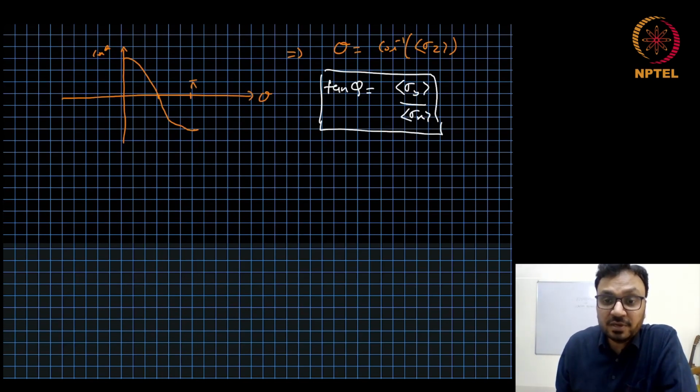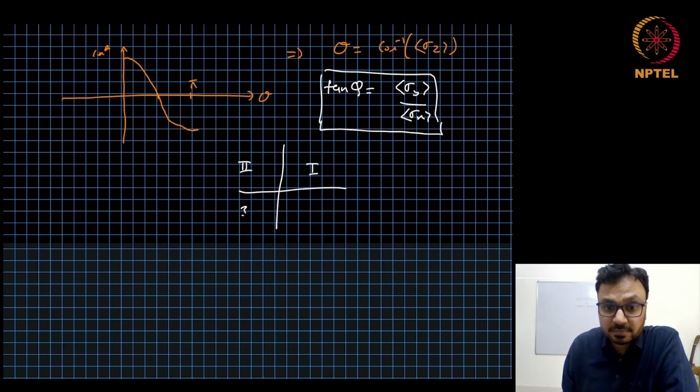Where can be the ambiguity now? Because we have four quadrants: for phi it is 0 to pi by 2, pi by 2 to pi, pi to 3 pi by 2, and 3 pi by 2 to 2 pi. Tan phi is positive here, negative here, positive here, negative here.